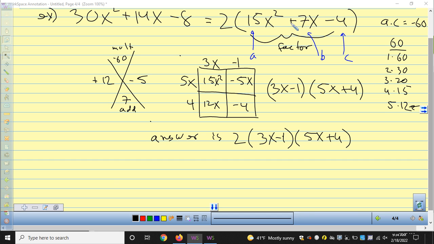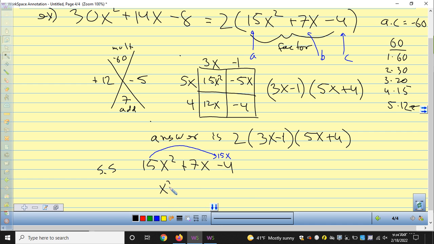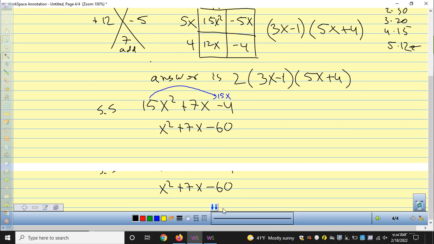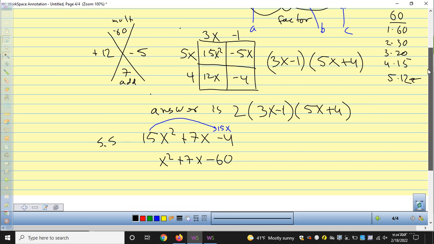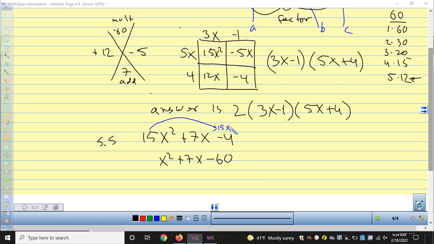All right, now let's look at slip and slide on this. 15x squared plus 7x minus 4. I multiply these two, 15 times, and I get x squared plus 7x minus 60. So I'm still looking for two numbers that multiply to negative 60 and add to 7.